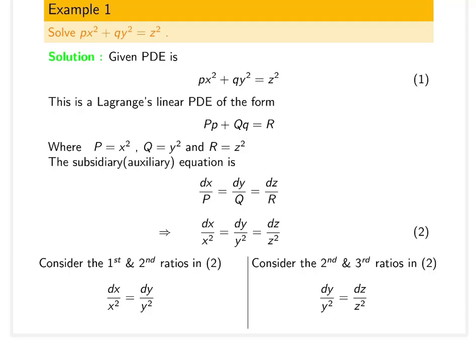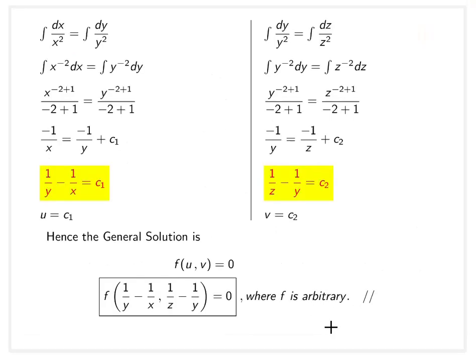Now I can consider the first and second ratios, where we can separate the variables. For the second ratio, whether we choose dx dz or dy dz, here I can consider the second and third, dy dz. Now integrating both sides, we get the integral of 1 by x square into dx equal to the integral of 1 by y square into dy.